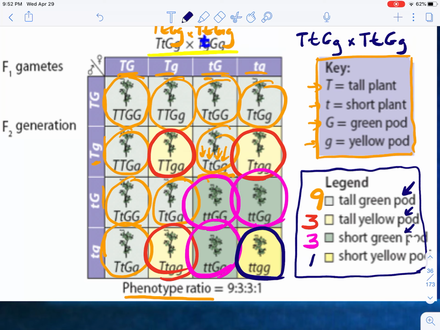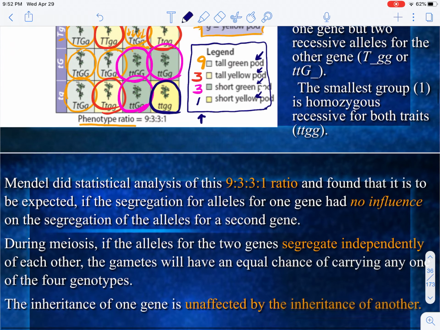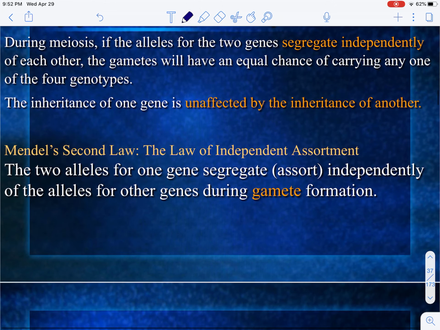It'll always be 9, 3, 3, 1. 9 of the dominant, 3 of the dominant and 1 recessive, 3 of the recessive and dominant of the other, and 1 recessive. So when you do questions coming up in the future, if your question is one that is heterozygous for both traits, for both parents, it is kind of a shortcut that you know it's going to end up being 9, 3, 3, 1. For all other crosses, though, we've just got to try them out and figure them out.